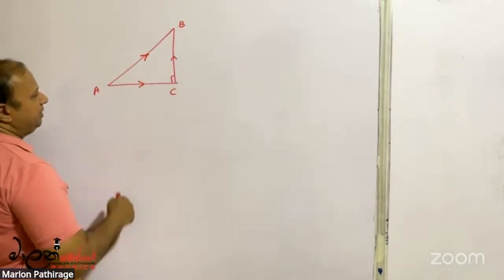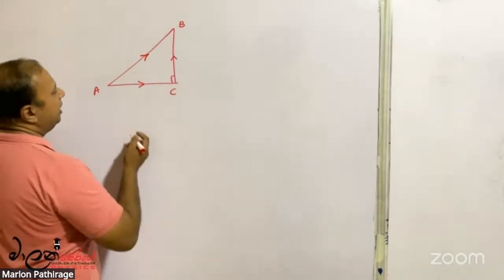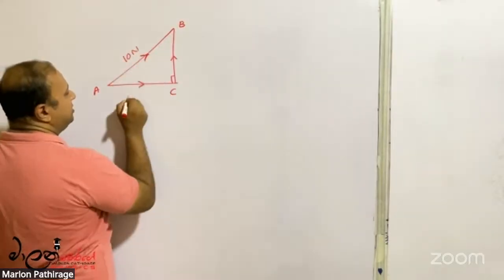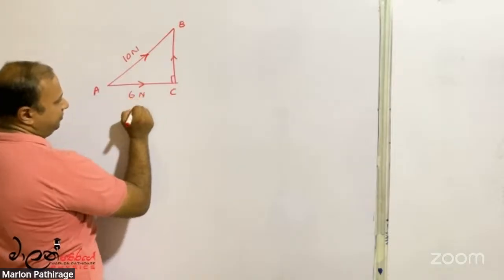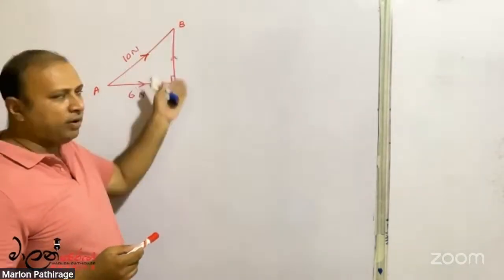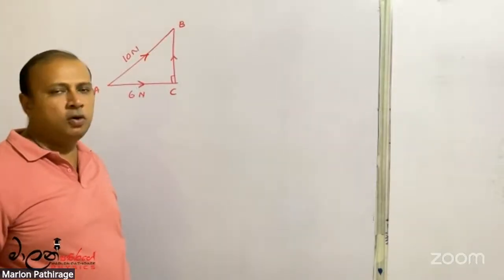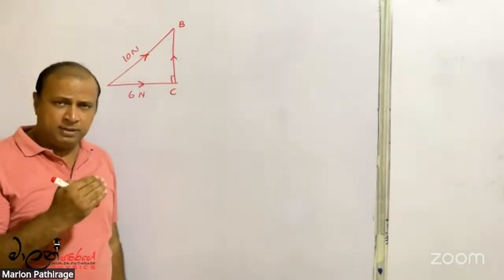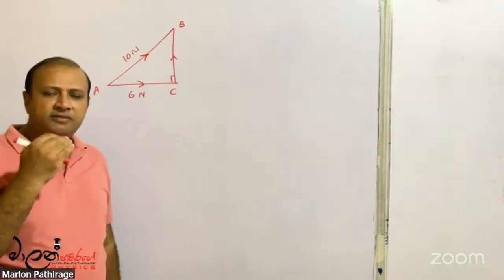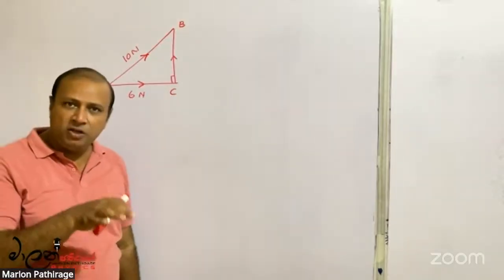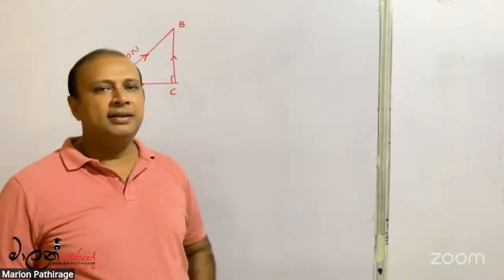Suppose you are given this kind of vector system. This vector is 10 Newton and this vector is 6 Newton. You don't know the magnitude of the BC vector. But you are given that this vector system is represented in magnitude and direction by these line segments.